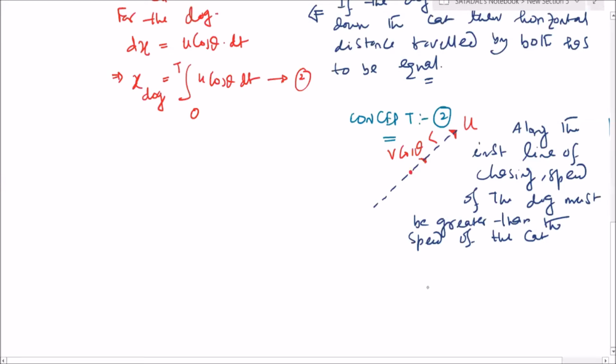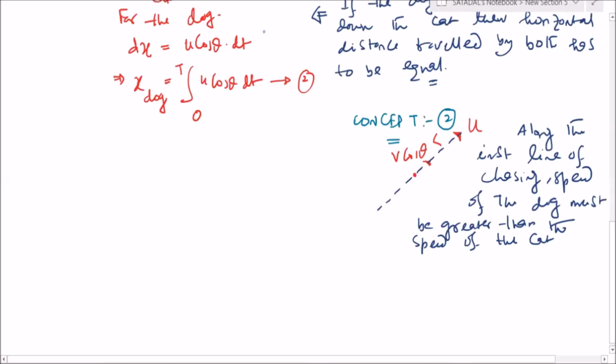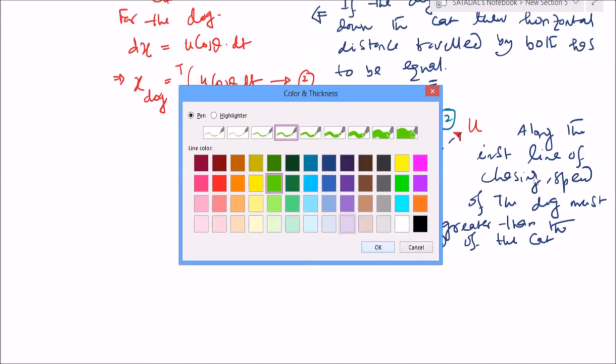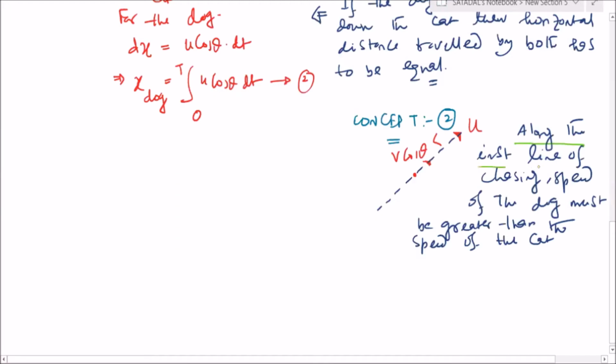This is the concept. So along the instantaneous line of chasing, the speed of the dog has to be greater than the speed of the cat. This is the most significant concept here.